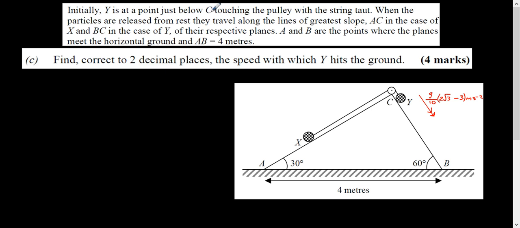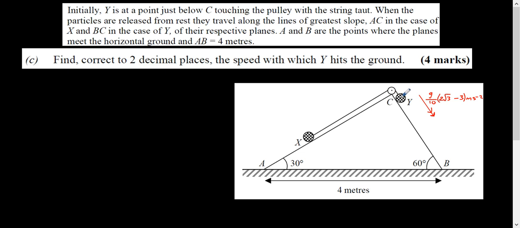But this is where this C is touching the pulley with the string taut. That's massively important, okay? Because particle Y is touching the pulley with the string taut. If particle Y is in the same place as the pulley, remember these are particles, okay? It's in the same place as the pulley.